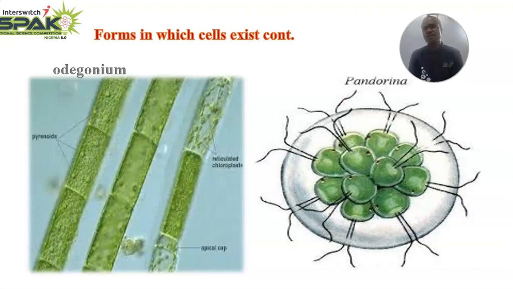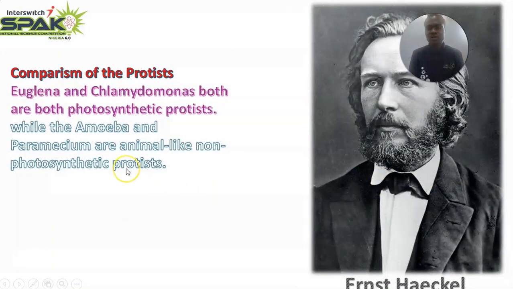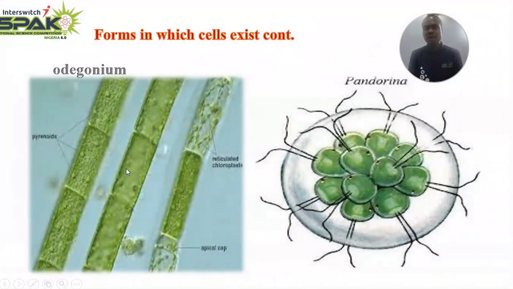And three, a cell can also exist as a colony, in a form of colonial organization, where you have cells connected by cytoplasmic strands. Okay, cells joined together by cytoplasmic strands. Of course, here you have many cells together, but they do not depend on one another.